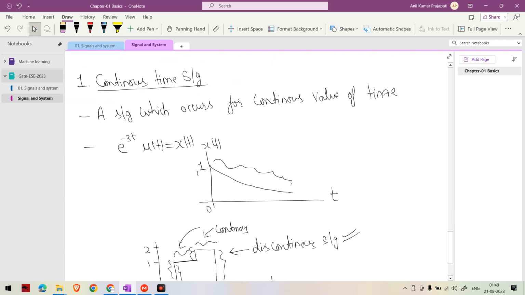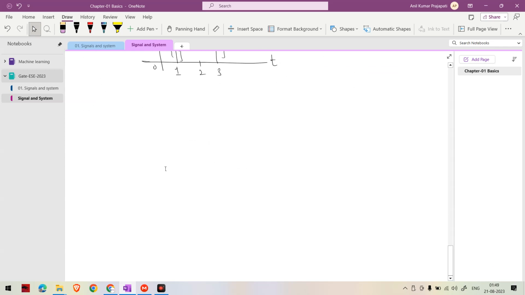So you have to understand that a continuous time signal is available at all instances of time. The other type of signal, as we already mentioned, is the discrete time signal. Basically, it is a signal which is continuous in amplitude but discrete in time.